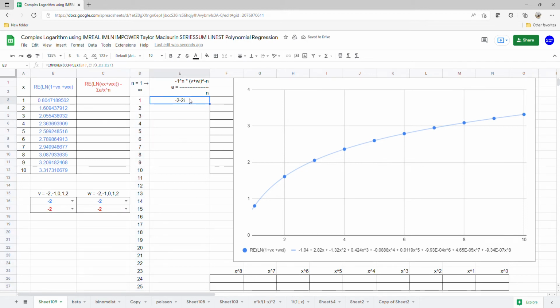And finally, we want the real part. So this will be IMREAL. But the power is -n, so we put the negative sign. And this is the real part. So IMREAL.